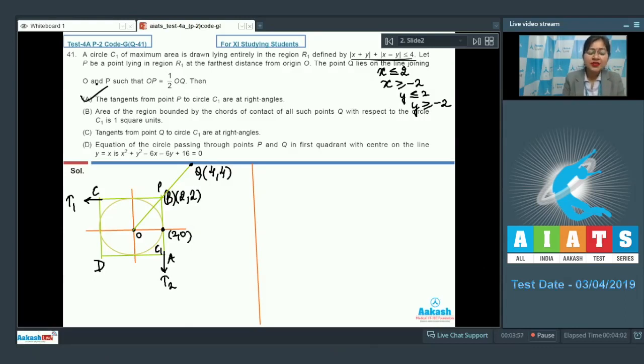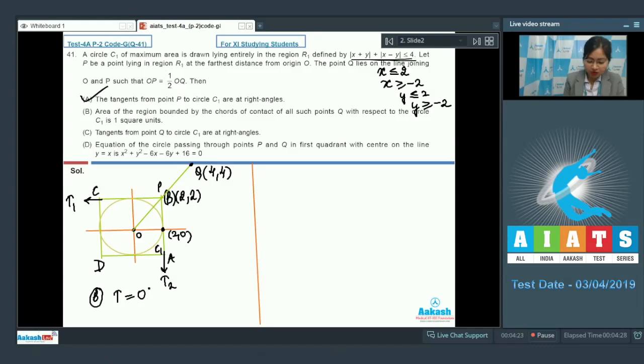Similarly, let's take up option B now, which says that the area of the region bounded by the chords of contact of all such points Q with respect to the circle C1 is 1. We have to find chords of contact from point Q on the circle. We know the equation of chord of contact, that is T = 0. For option B, we will put T = 0.